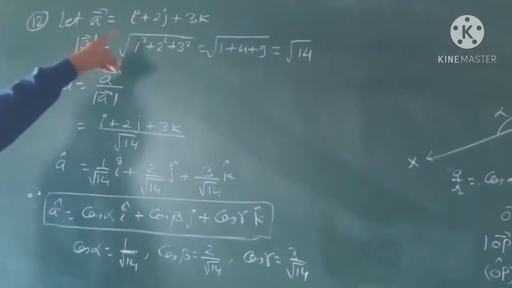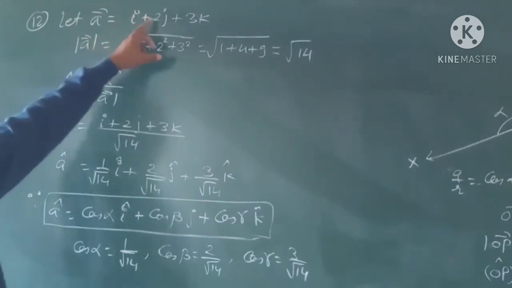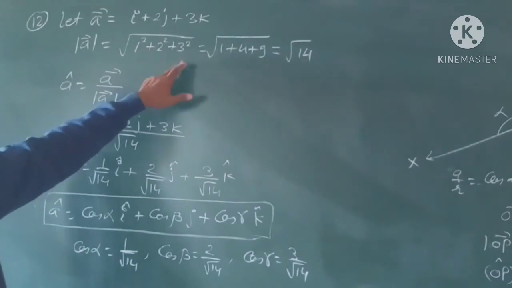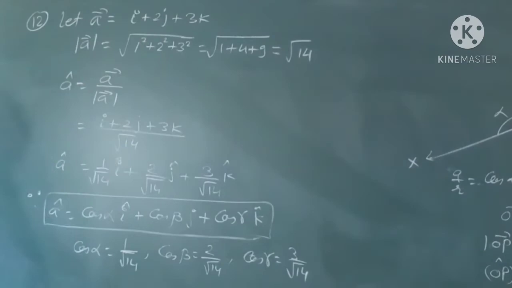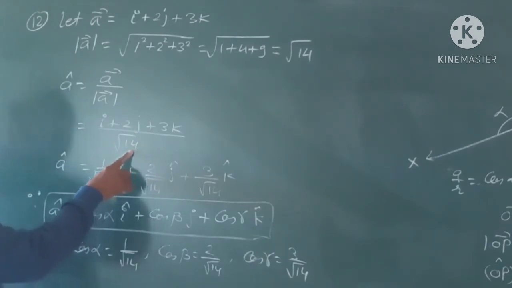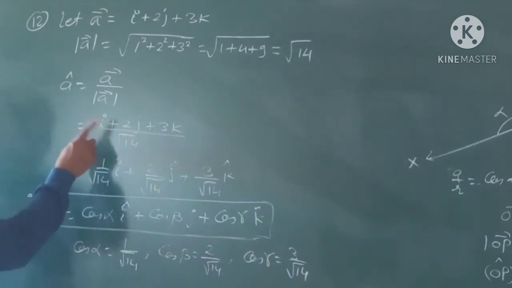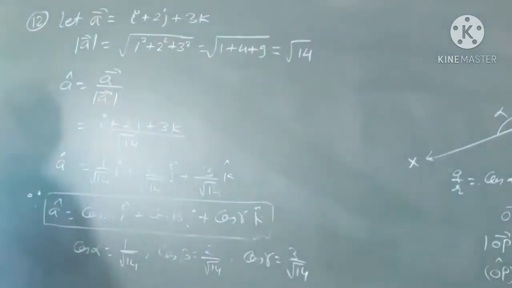In question number 12, we have to find the direction cosines of this vector with the axes. Here vector A is i plus 2j plus 3k. First find its mod value, which is under root of 1 square plus 2 square plus 3 square, that is root 14. So A cap is vector A divided by mod of A, that is (i plus 2j plus 3k) divided by root 14. Separating all terms, 1 by root 14 i cap plus 2 by root 14 j cap plus 3 by root 14 k cap.